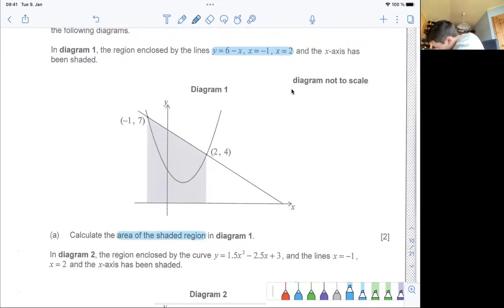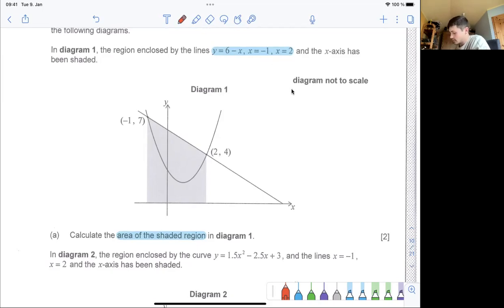One method would be to find the definite integral of y equals 6 minus x between x equals 2 and x equals -1. That would be absolutely fine, and you can use your calculator to calculate that.